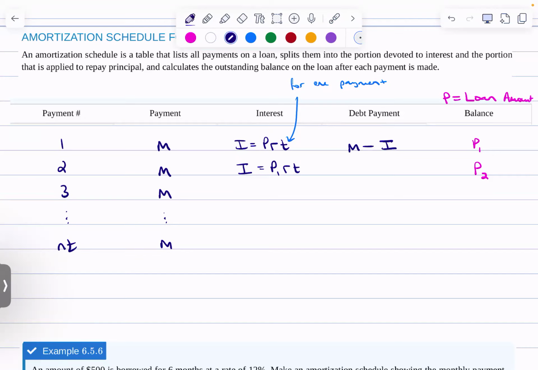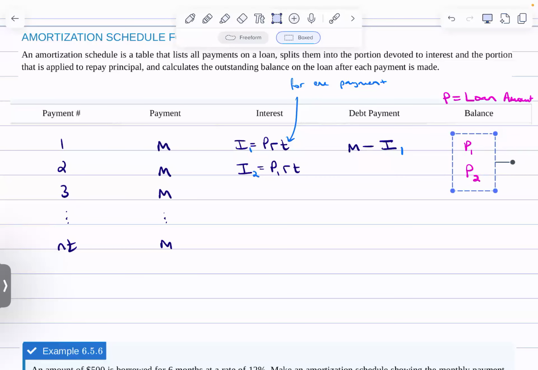Now what we can do if you want is use little I1, I2, because we're going to have different I's for all of these, as well as P's, because each line is going to be different. So then what's your P? Your balance owing is going to be the original P minus however much you're paying off.